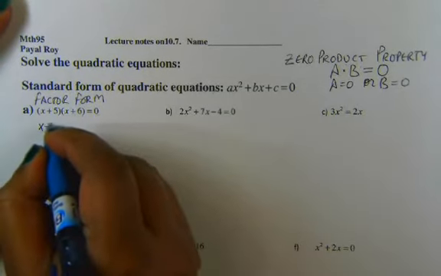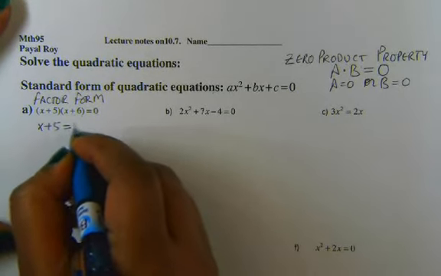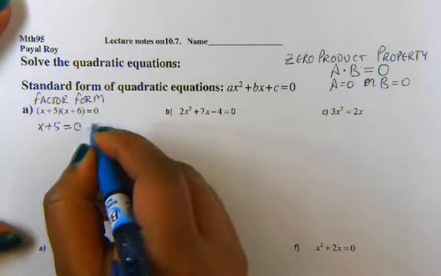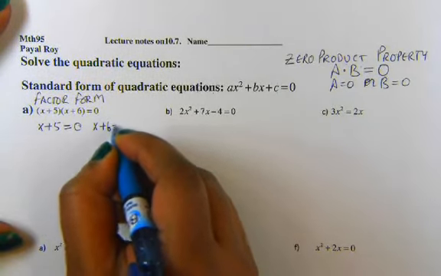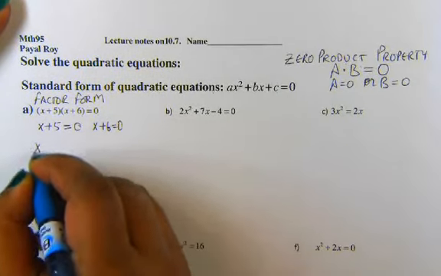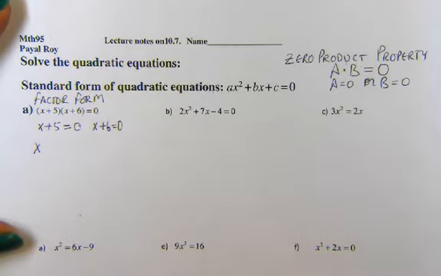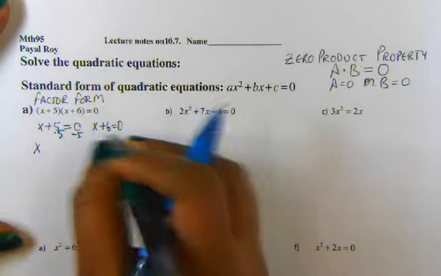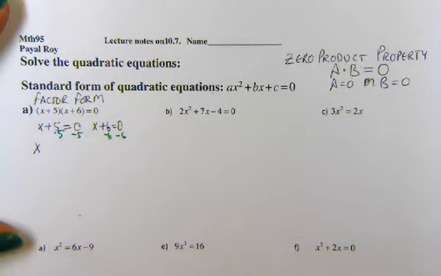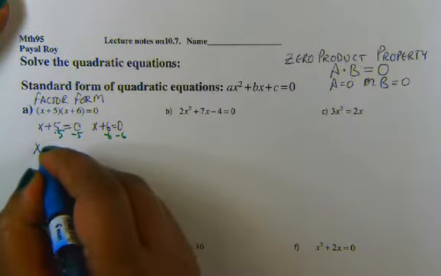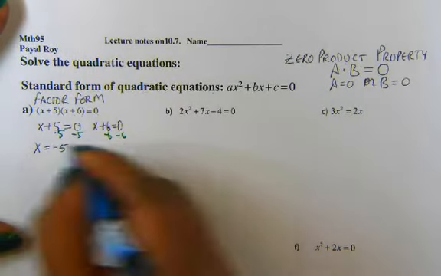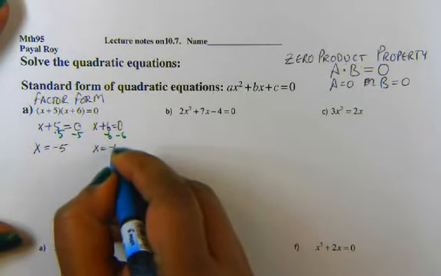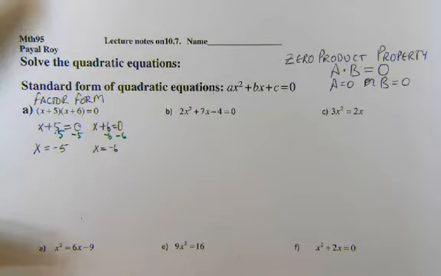So we'll put x plus 5 equals 0, since one of them has to be 0, or x plus 6 equals 0. When we solve these linear equations, we are moving the 5 and moving the 6 to the other side because we want to find the value of the variable. So the two solutions are -5 and -6.